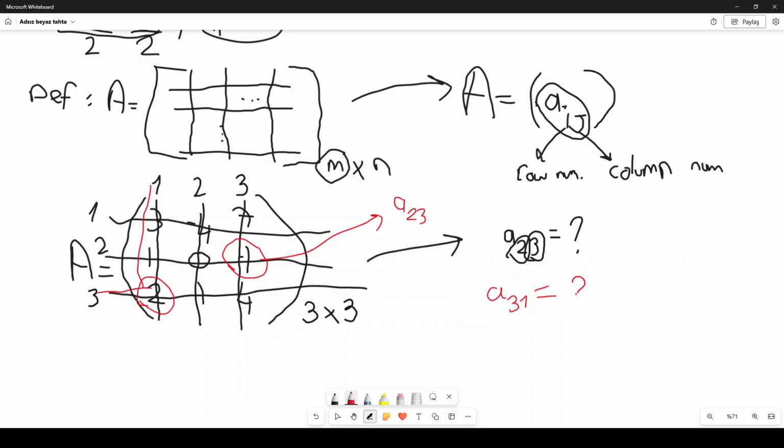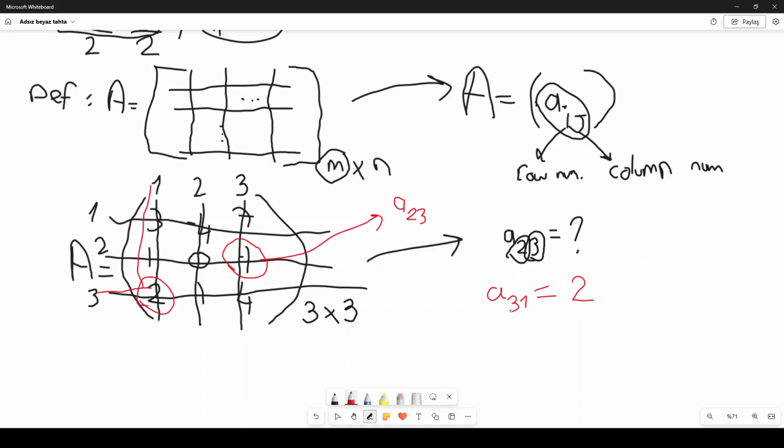So the a_31 entry is equal to 2. This is what a matrix is. In short, a matrix is nothing but a rectangular array of numbers placed in rows and columns, and the number of rows and columns are represented with index values, as I showed here. If I write a_ij, I mean i is the row number and j is the column number.